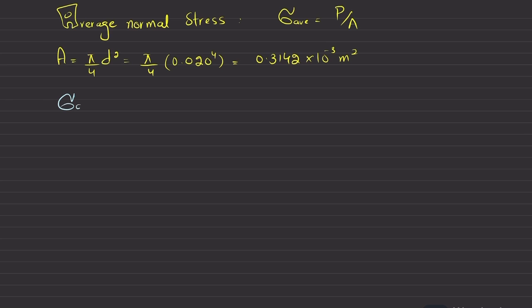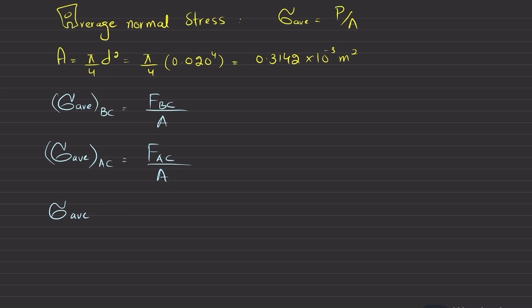Now average normal stress in member BC will be equal to force BC divided by area. All the areas are same. Similarly, average normal stress in member AC will be equal to FAC divided by area, and average normal stress in member AB will be equal to force in AB divided by area.